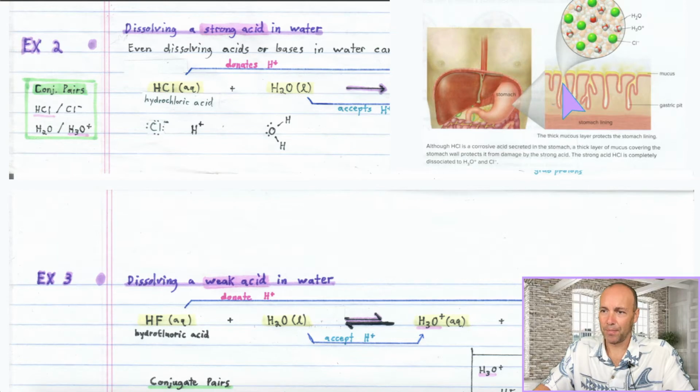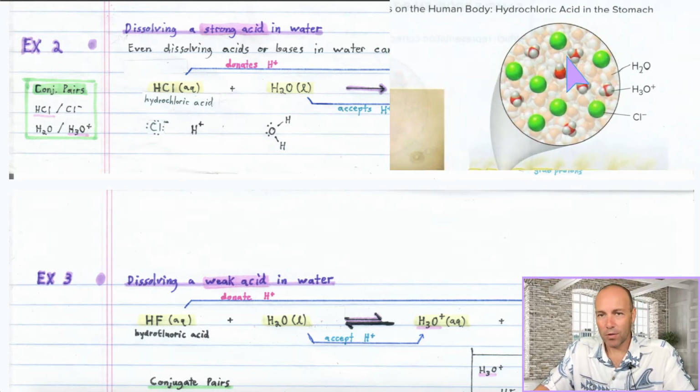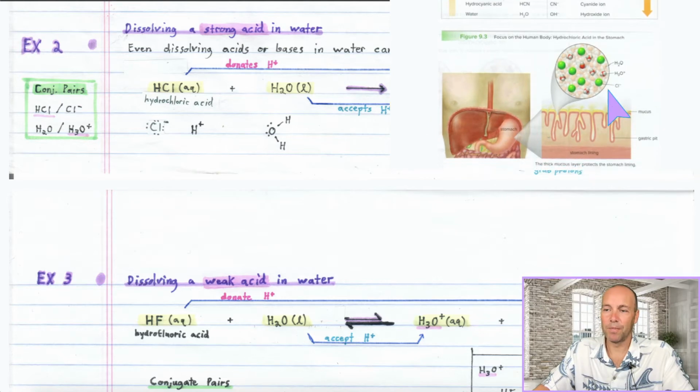So the hydrochloric acid, of course, is 100% dissociated or 100% ionized into the chloride minuses and the dissolved protons. And that's what helps dissolve your food.